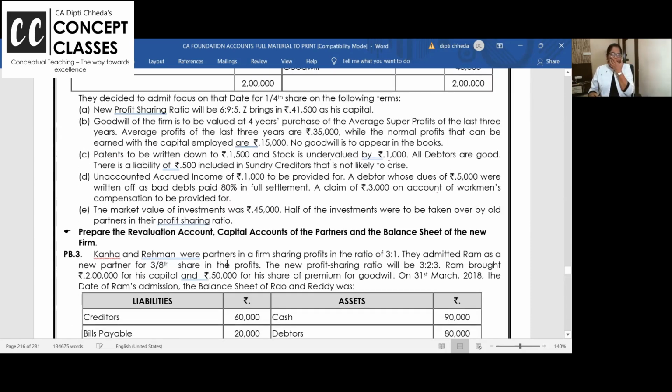If not, adjust it in the revaluation account. And bring the investment to market value and half of the investments were to be taken over by old partners. Are they investment ghar leke gaye? Prepare revaluation account, partners capital account and balance sheet of the new firm. Is this problem clear? Let us continue with this.